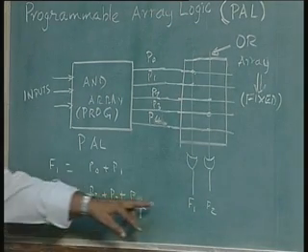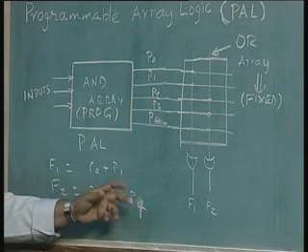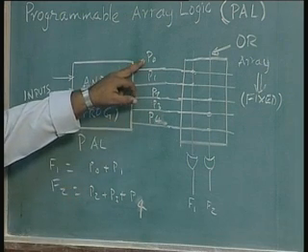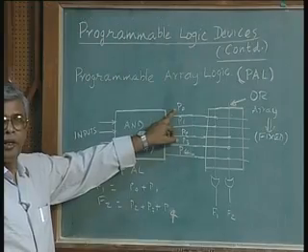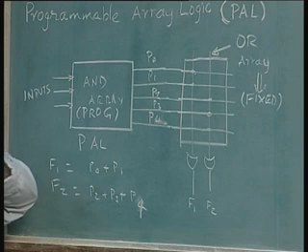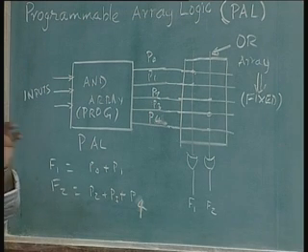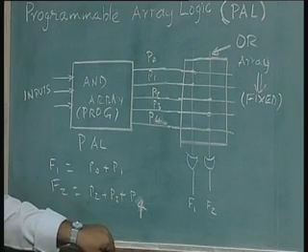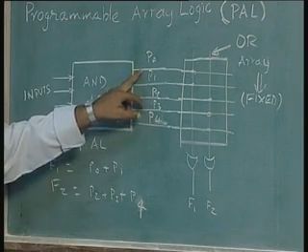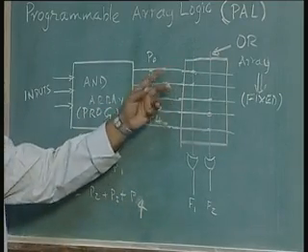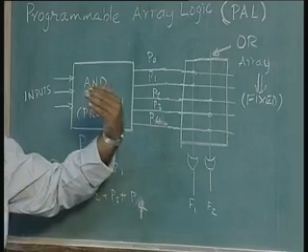Now, that means there is a slight difference in the philosophy of design. Earlier we said try to minimize the number of product terms, but more importance was given to the commonality. We wanted to have as many common product terms as possible between different functions, so that the same product term once generated can be put as input to multiple outputs. In this case, since they are fixed, common product terms are not going to help me.